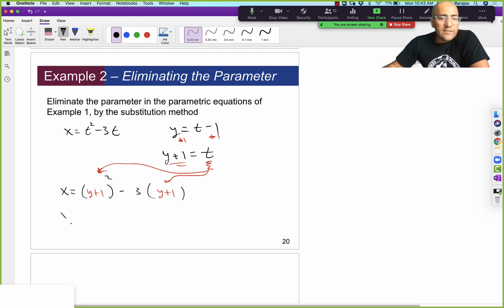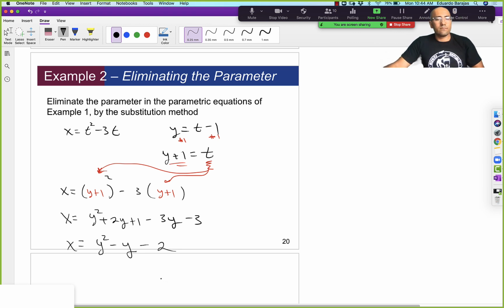We can simplify it a little bit. x equals y squared plus 2y plus 1 minus 3y minus 3. And so x equals y squared minus y minus 2. Good. And so this is a parabola on its side, which is what we expected.